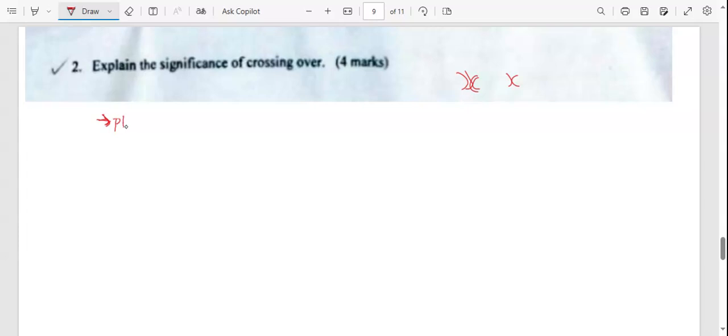Once we cross over, let's say grafting, those are types of crossing over. So it will help in plant breeding.